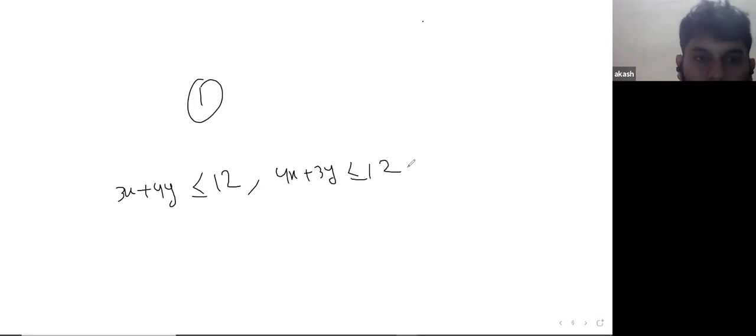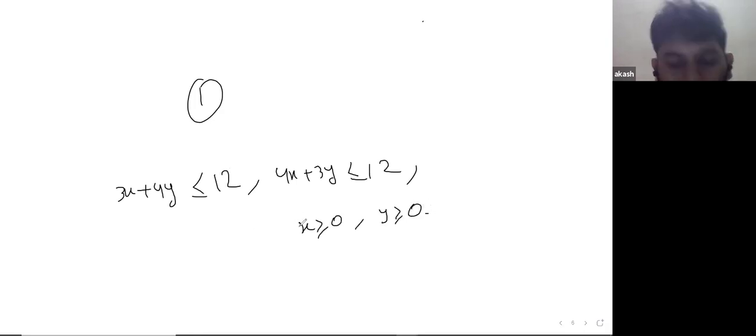Exhibit graphically the solution set of the linear inequations. 3x plus 4y less than equals to 12, 4x plus 3y less than equals to 12, x is greater than equals to 0, y is greater than equals to 0. All right, please solve. I'll give you a few minutes, then we'll discuss.